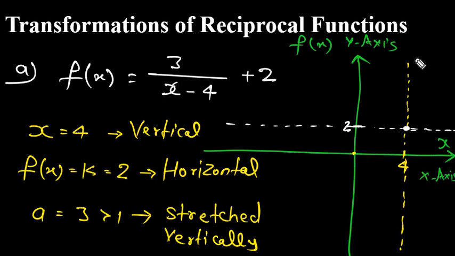First of all, the graph will look like this, right? Now because a is more than 1, it will be stretched vertically. So when you say stretch vertically, it will be stretched like this.